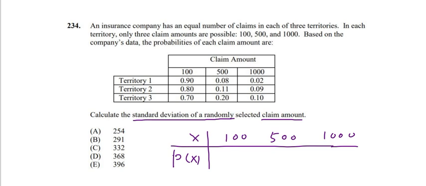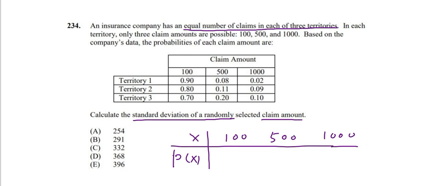And if we pick one from territory 1 or territory 2, it's the same, because it's an equal number of claims in each of the 3 territories. So the probability is just 1 over 3, multiplied by this.